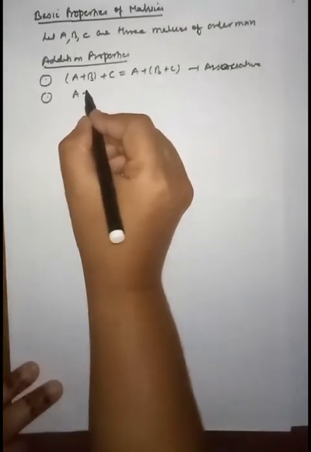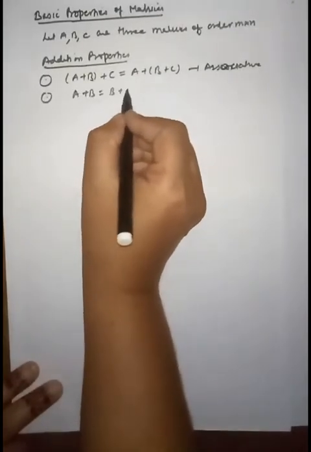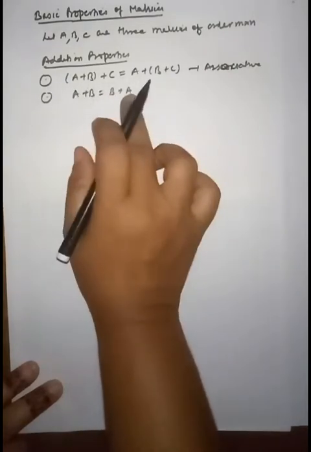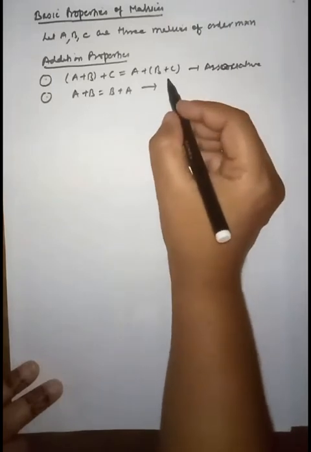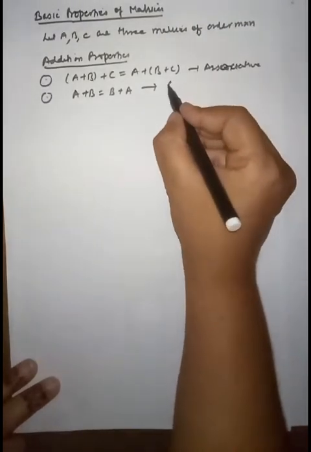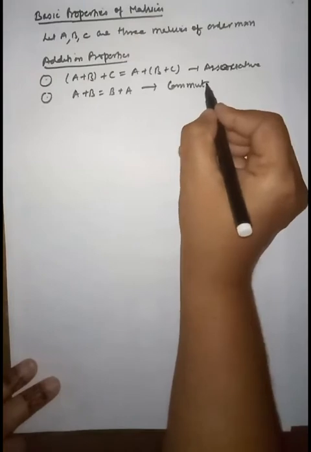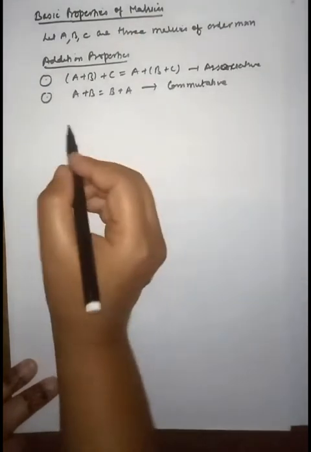If A plus B equals B plus A, which is always equal, this is called commutative property for addition.